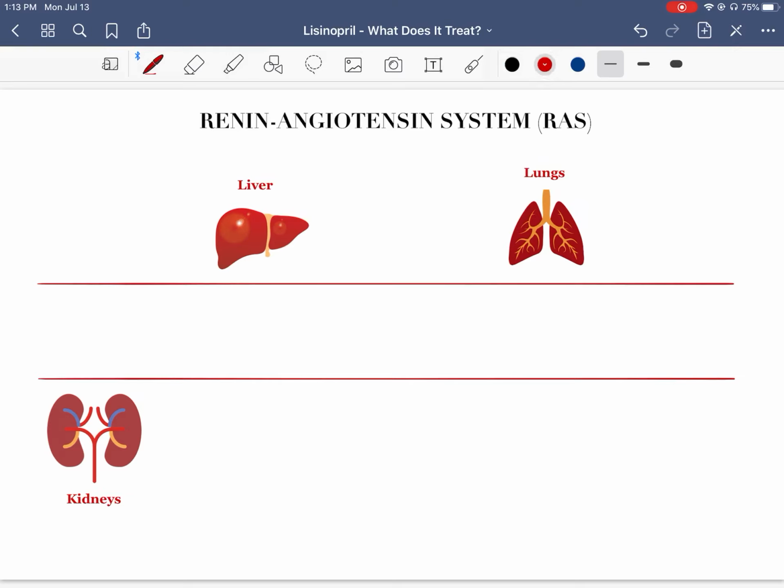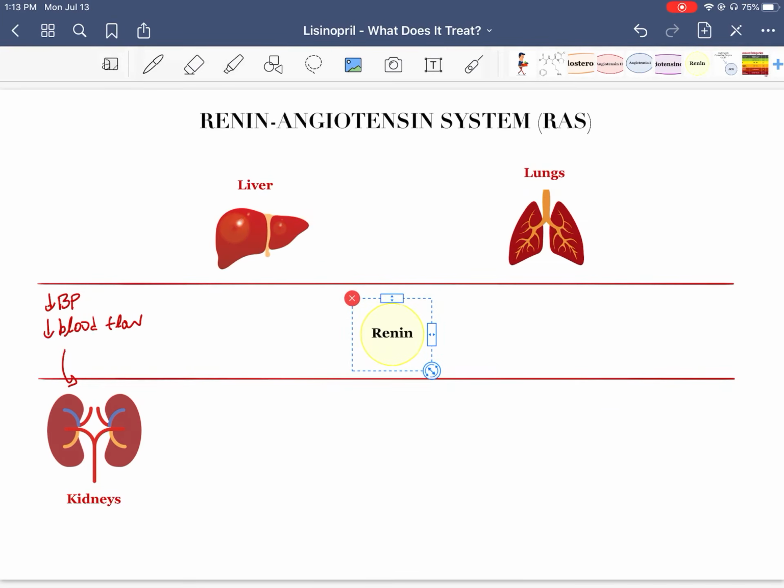How RAS works is when there's a decrease in blood pressure in your arteries, and thus blood flow to your kidneys is reduced, the kidney will secrete a molecule known as renin into your blood circulation. The renin that is now in your bloodstream activates the renin-angiotensin system.